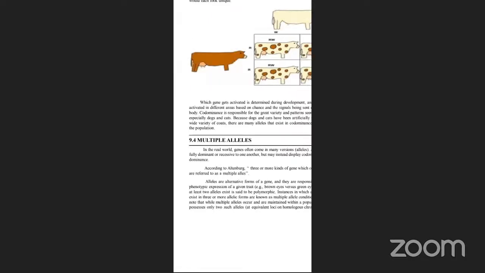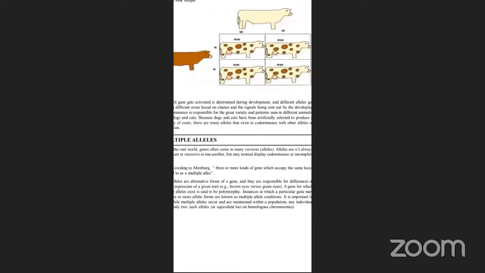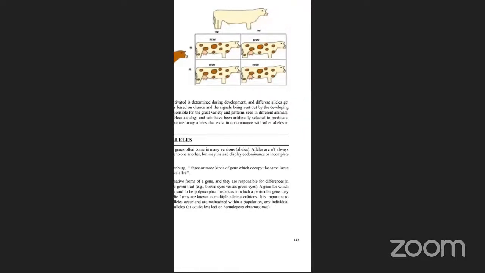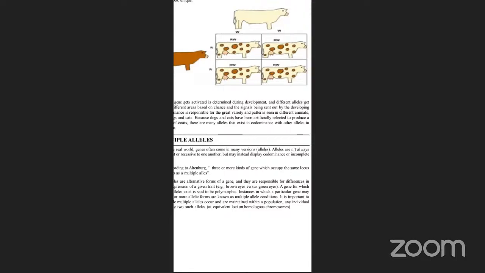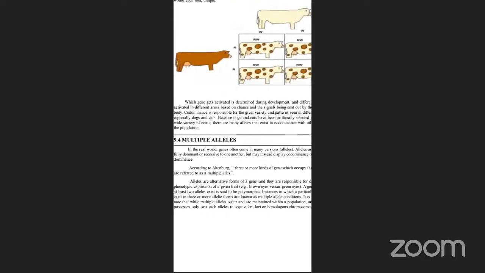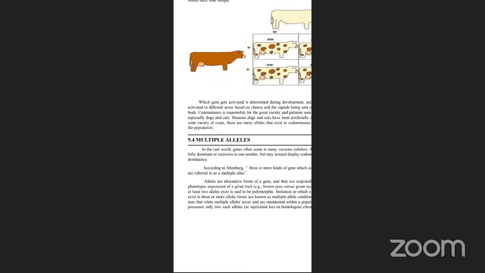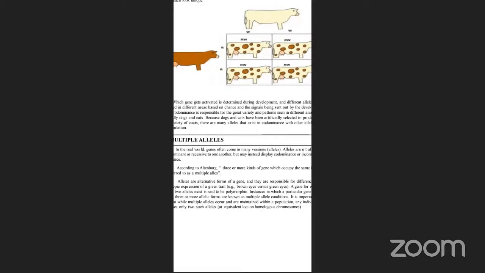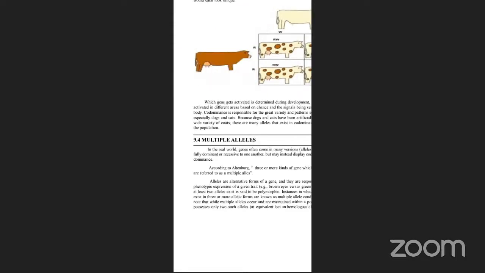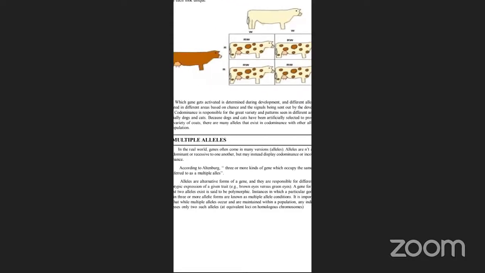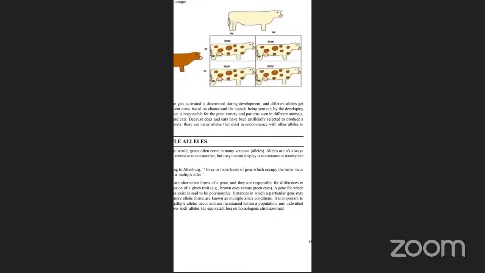A gene for which at least two alleles exist is said to be polymorphic. Instances in which a particular gene may exist in three or more allele forms are known as multiple allele conditions. It is important to note that while multiple alleles occur and are maintained within a population, an individual possesses only two such alleles on homologous chromosomes.